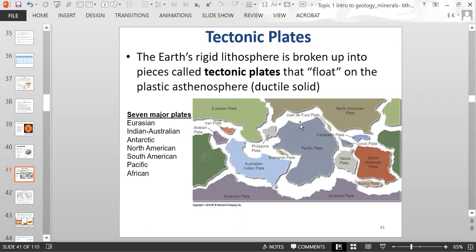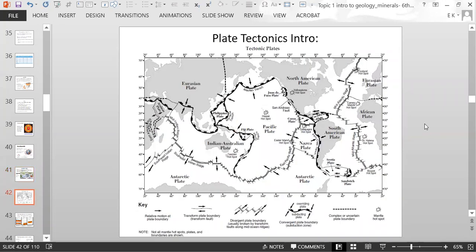Okay, so again, these are hard, rigid pieces of lithosphere, and they're floating on top of this ductile solid that we call the asthenosphere. So they're able to move around the Earth. This is another map of the tectonic plates, and the boundaries are shown by these lines.